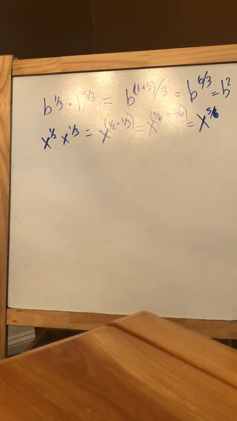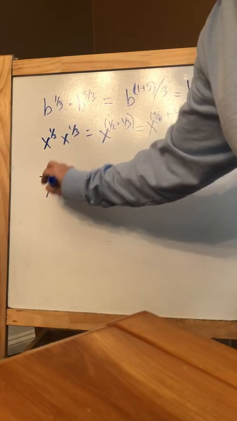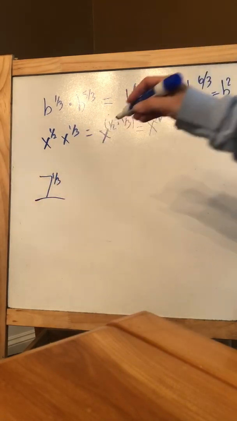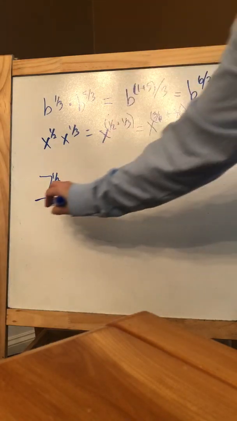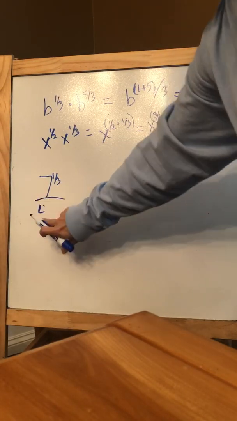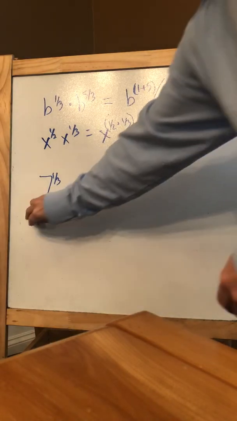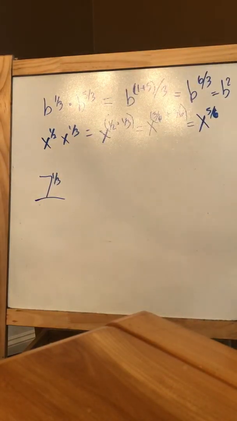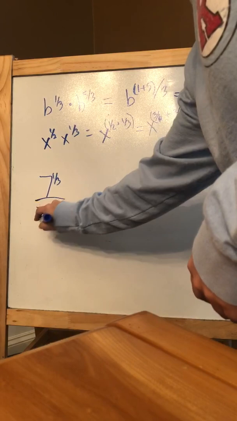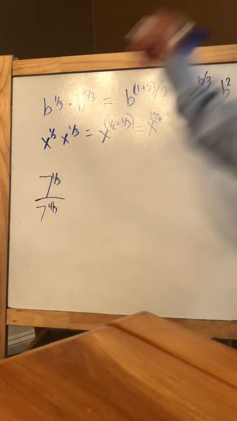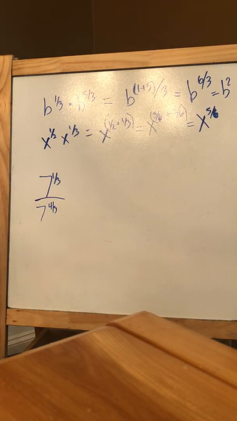Look at C. All right, C is, we're going to divide 7 to the 1/3 over 7 to the 4/3. Okay, so you can rewrite this.